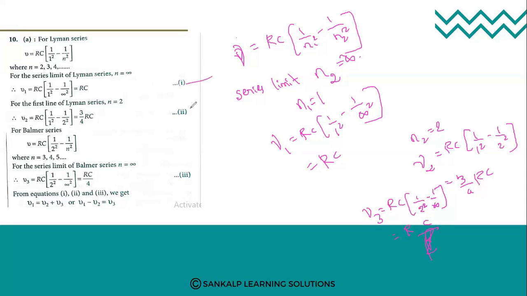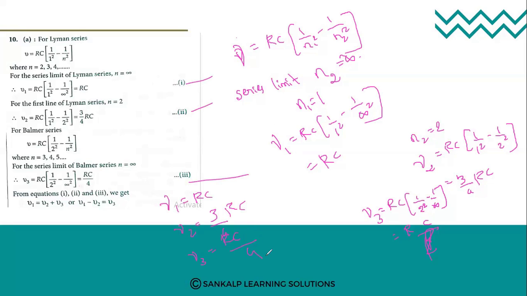So here you can see equation 1, equation 2, equation 3. The first frequency is RC, the second frequency is 3 by 4 RC, and the third frequency is RC divided by 4.